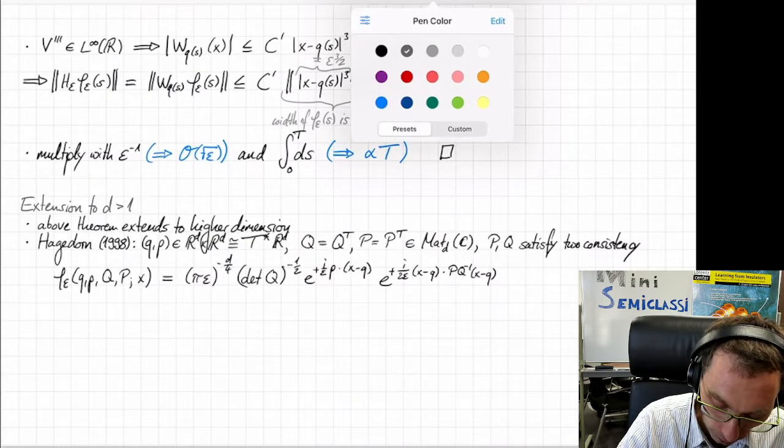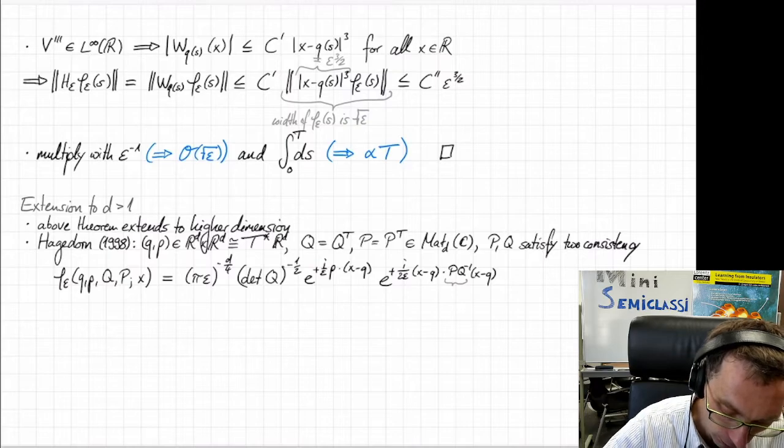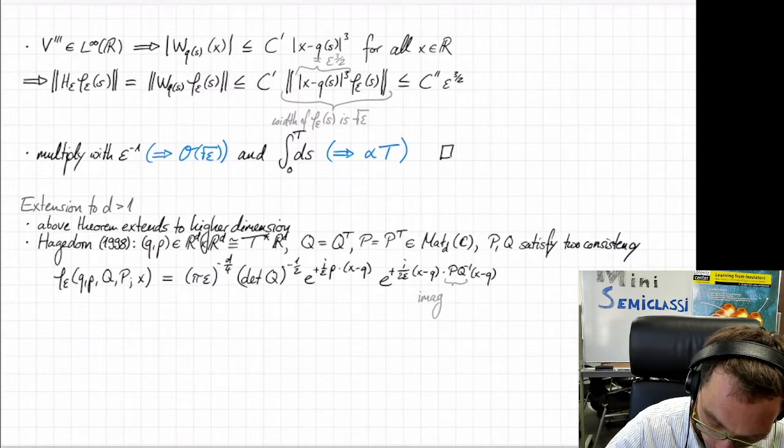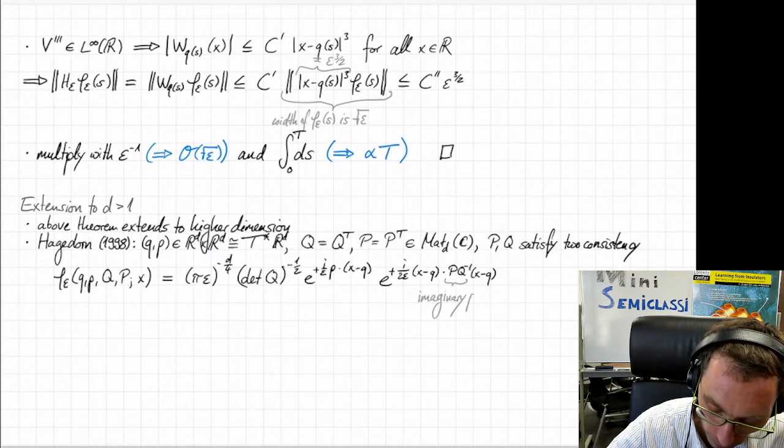And the imaginary part of P times Q inverse, this imaginary part defines the shape of the Gaussian.